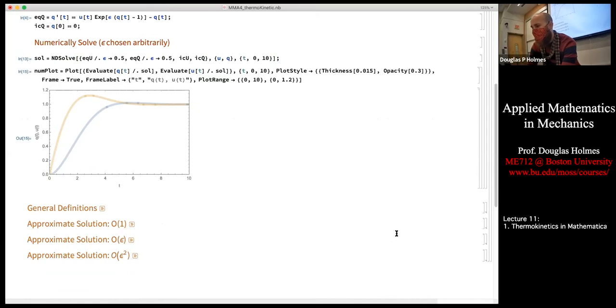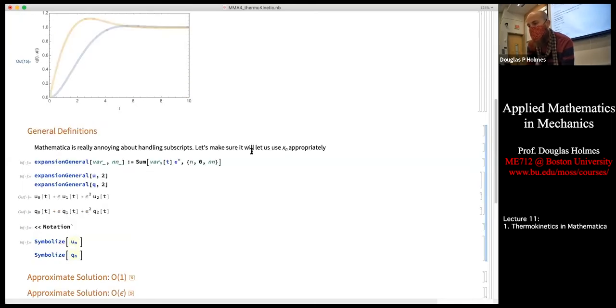Okay. I also saw a lot of people defining those expansions that we use, expansion general, a bunch of different ways. I wanted to show you, maybe this will be annoying, or maybe this will be like, oh, that's kind of powerful. I redefined expansion general here, and I did it in a way that hopefully will make it easier for us to use. Expansion general used to look like this.